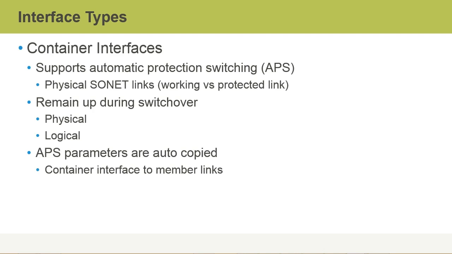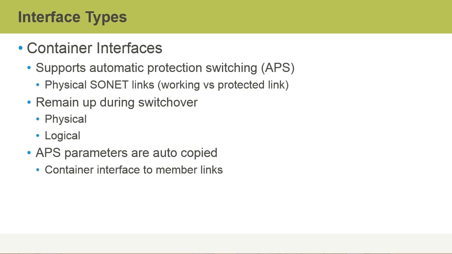Instead of configuring those individually as separate elements, the container interface is the failover unit. So you configure the container interface to add failover capabilities to the working and protected links themselves. This adds automatic protection switching capabilities, or automatic switchover capabilities, to those two links.